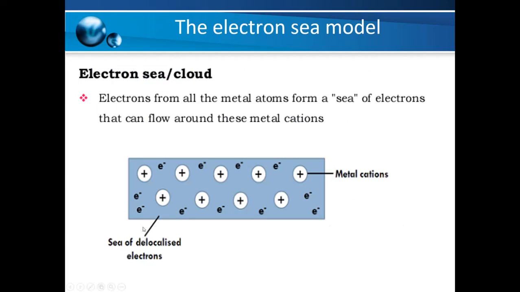And basically here we call it the electron sea or electron cloud. So electrons from all the metal atoms form a sea of delocalized electrons that can flow around the metal cations.